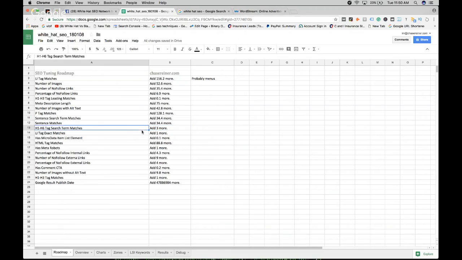Right. So the match words you tend to use a lot, but your exact target search term you use much less frequently. You tend to sprinkle that in instead of going overkill. Okay. And it doesn't matter if it's an H1 or an H2 or H3. Yeah, so this is just looking throughout all headings, so H1 through H6.